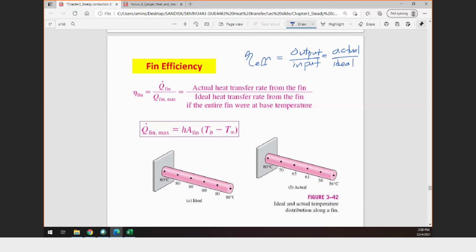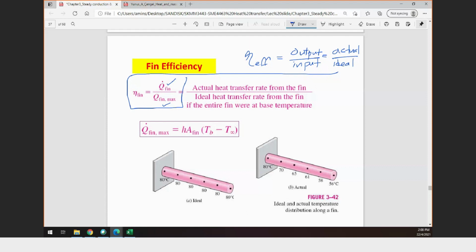It shows how well the system performs. The same goes for the fin. We can calculate the fin efficiency if we know the actual heat transfer divided by the ideal heat transfer, meaning ideal is the maximum value of heat transfer. Then we can get the fin efficiency.